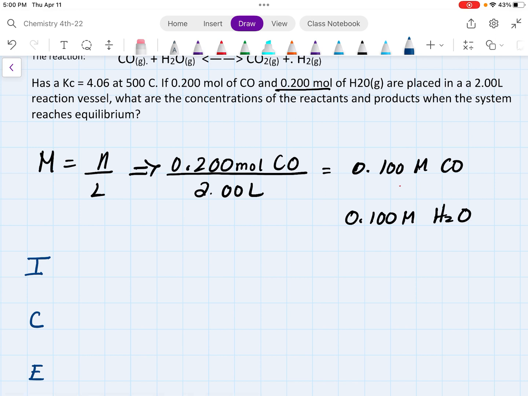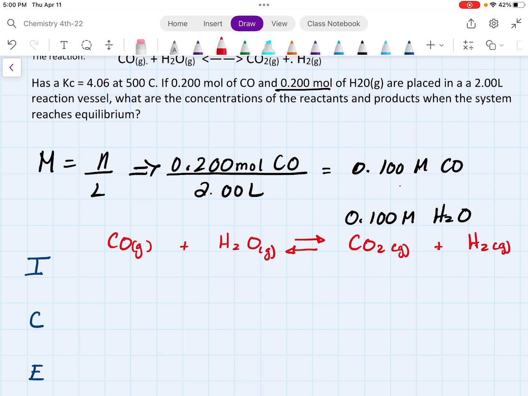Our reaction is CO gas plus H2O going to equilibrium to form CO2 gas and H2, or hydrogen gas. As you can see, this is all a homogeneous equilibrium. They're all in the same state.